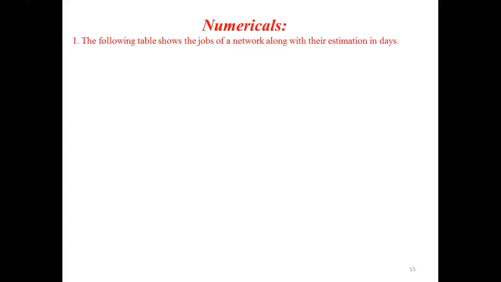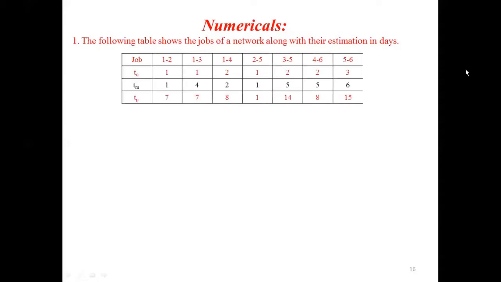Let us go for the numericals. The following table shows the jobs of a network along with their estimations in days. There are 6 jobs and 7 activities given.